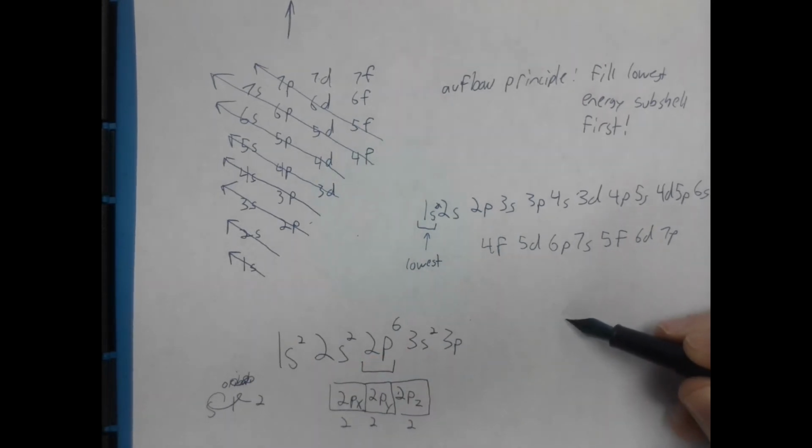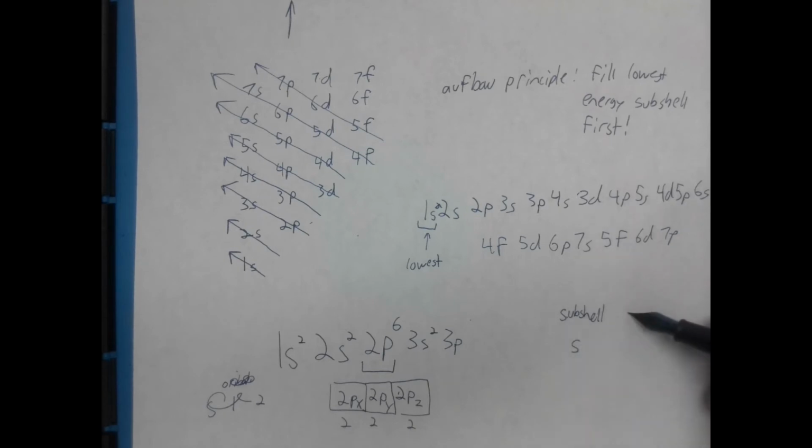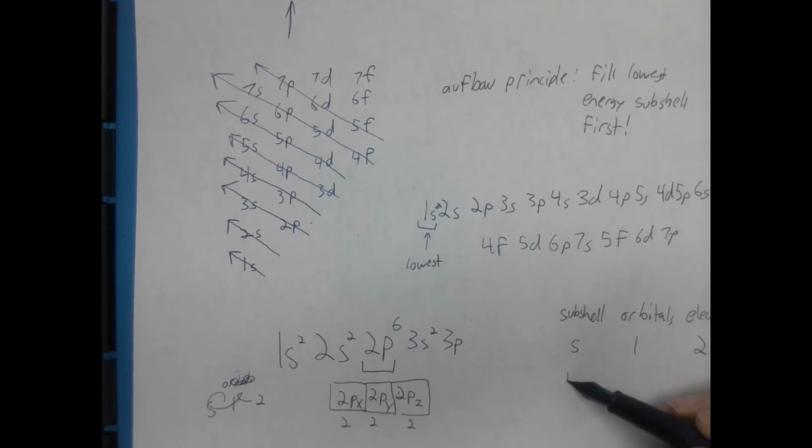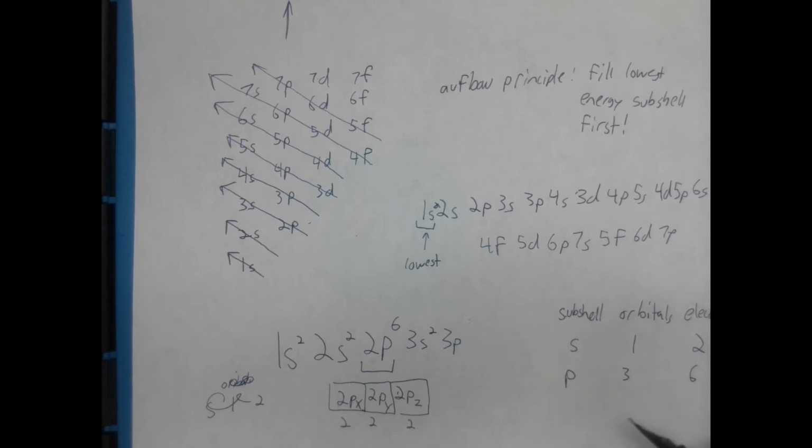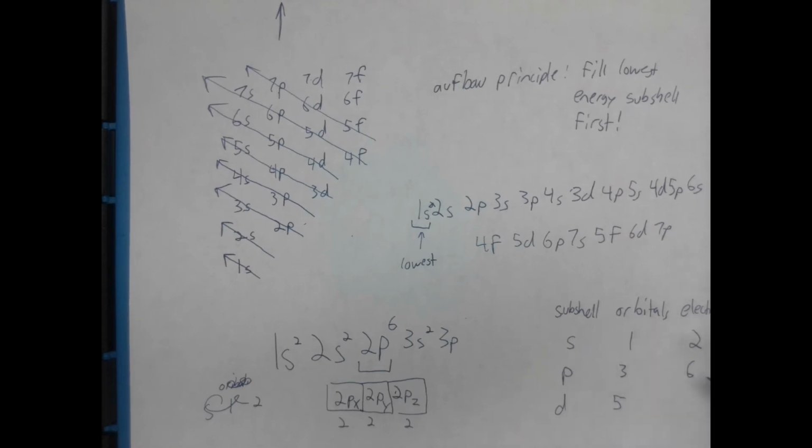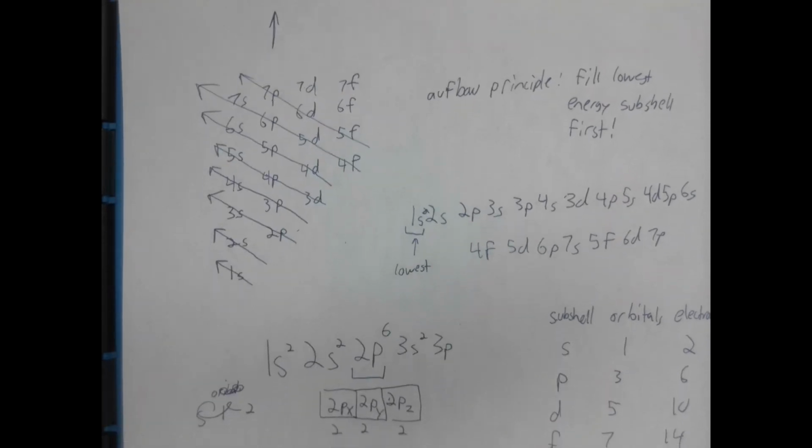So we have subshell s, number of orbitals 1, and electrons is going to be twice that. For p, there's 3, so 6. D, there's 5. They're just the odd numbers, so there's 10. And F, there's 7. So you just double it, 14.